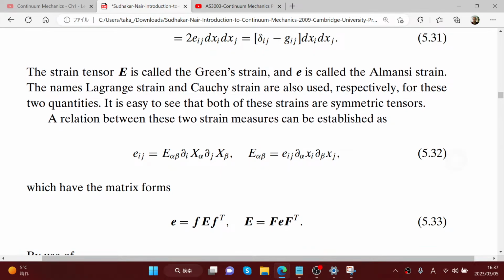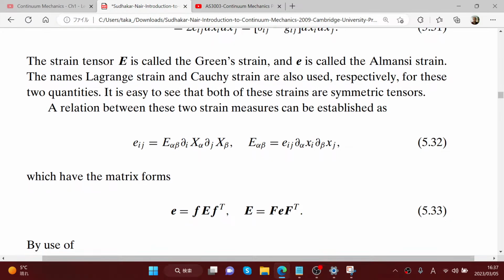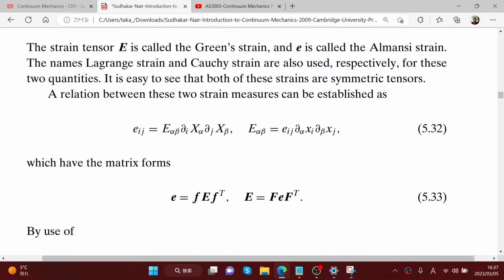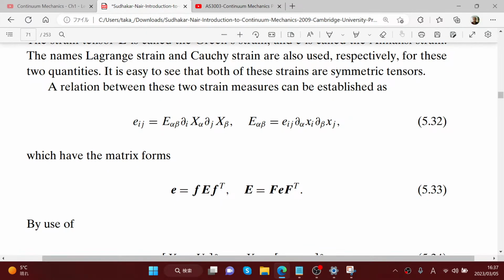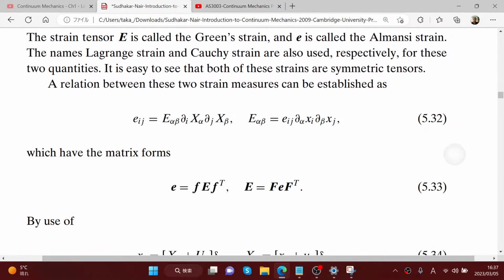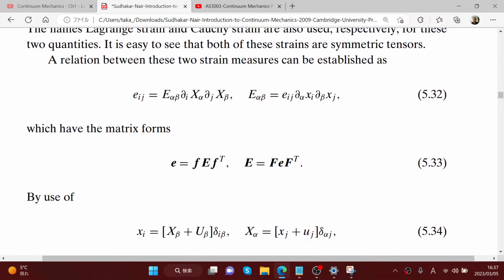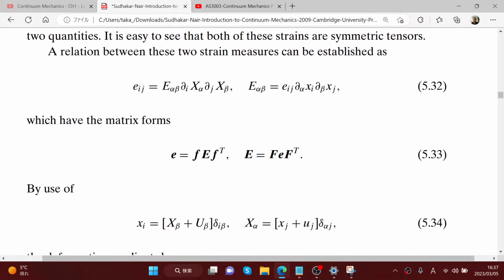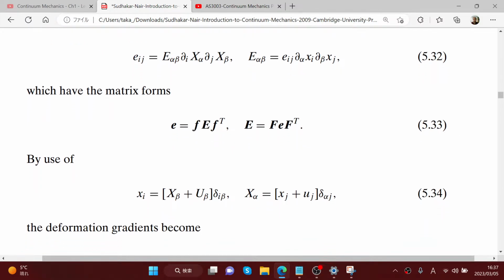The names Lagrange strain and Cauchy strain are also used respectively for these two quantities. It is easy to see that both of these strains are symmetric tensors.